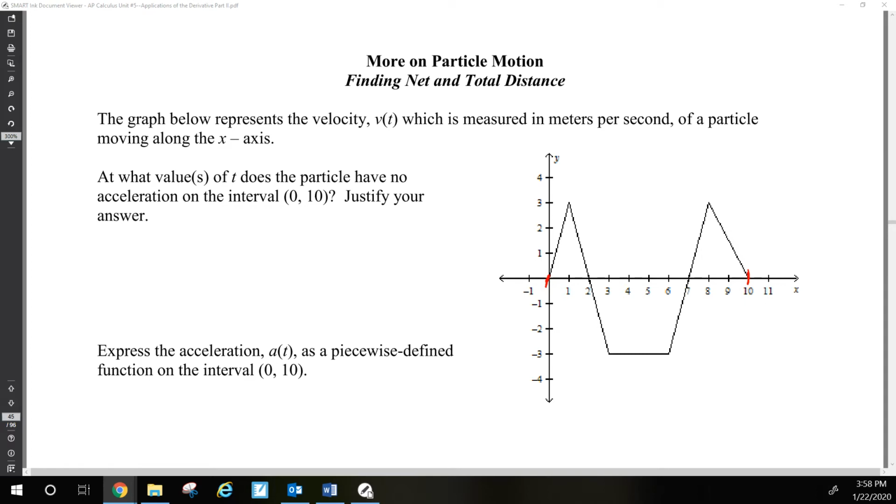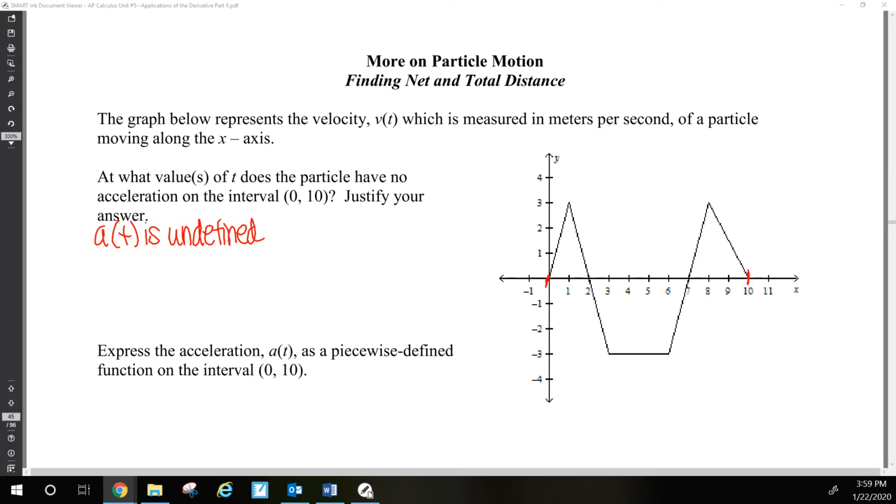So I would say A of t is undefined. What does that mean? It means the derivative of my velocity graph doesn't exist. So if this is my velocity graph, when can I not differentiate this graph?